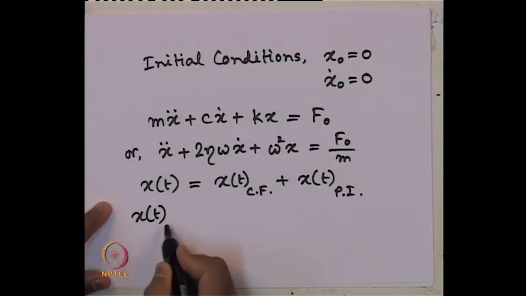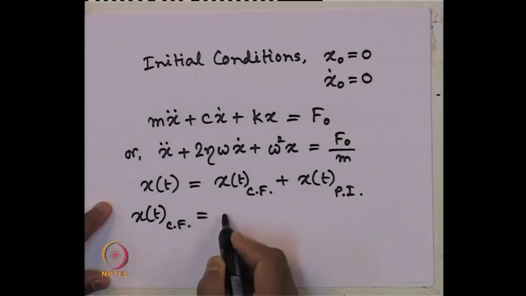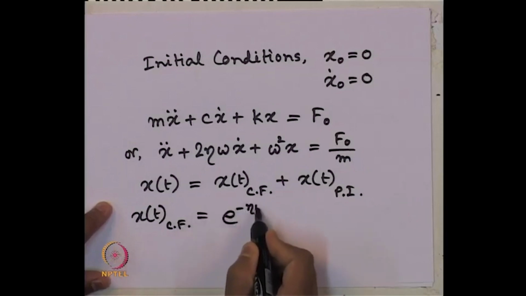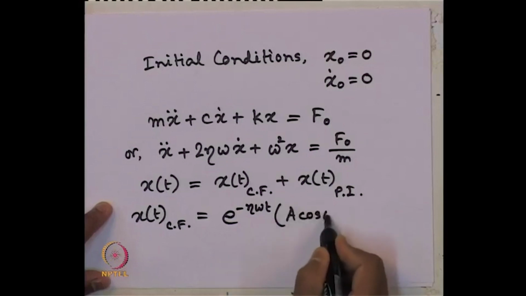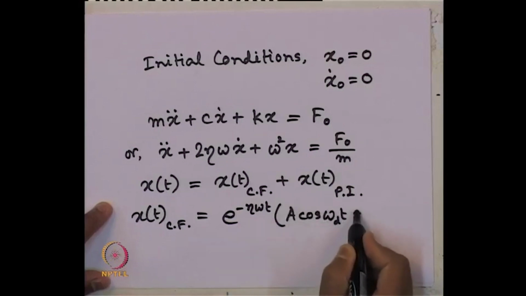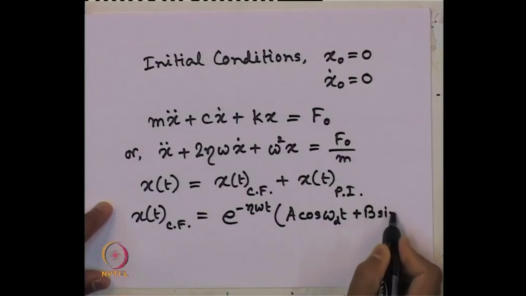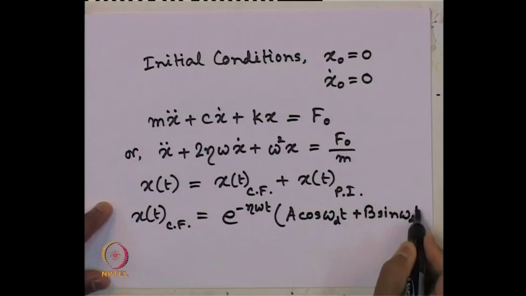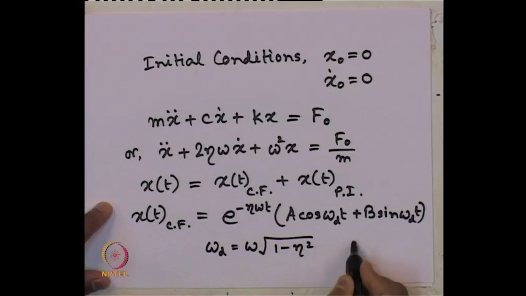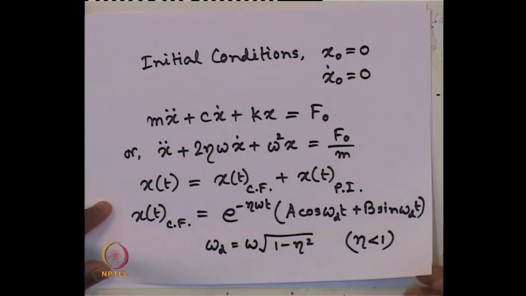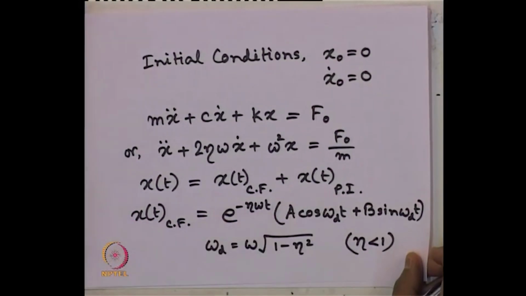So, x(t) complementary function is already known to us, which is e to the power minus eta omega t, a cosine omega_d t plus b sin omega_d t, where omega_d is nothing but omega times root over 1 minus eta square, and of course, eta less than 1, the underdamped case we are considering. So, this solution we know. We need to find out this particular integral.